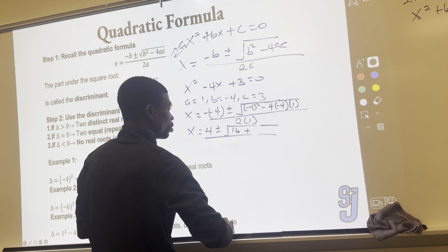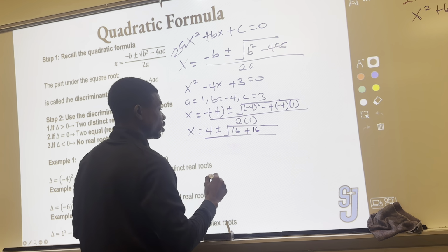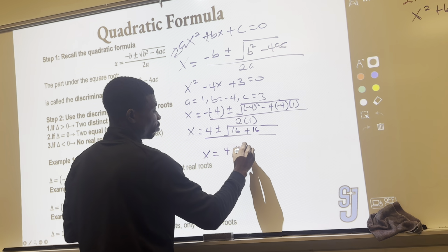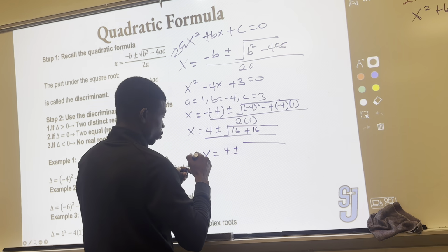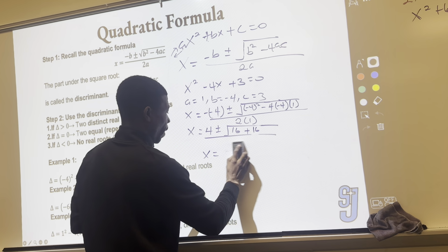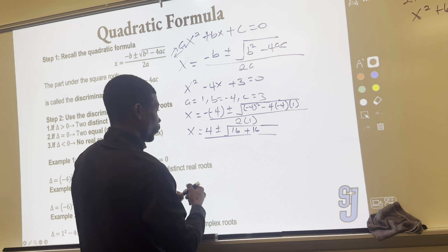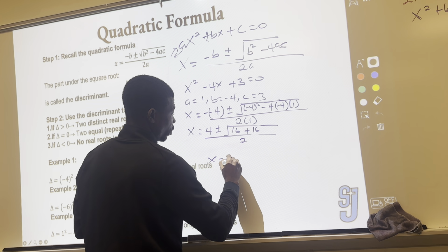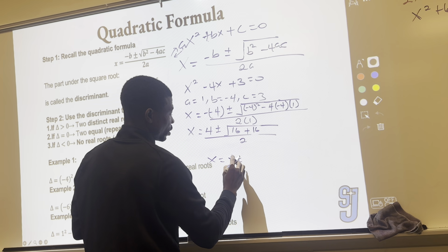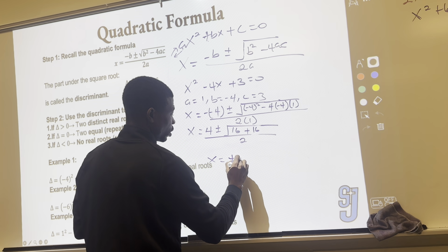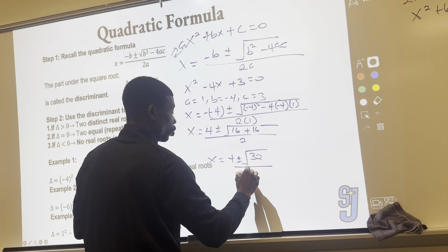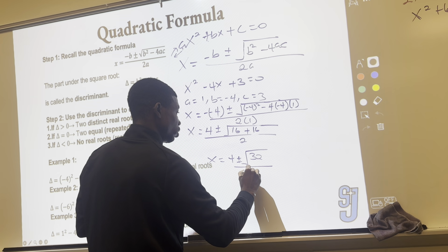Let me clean this. So this is 16, x equals 4 plus or minus the square root of 32 over 2.